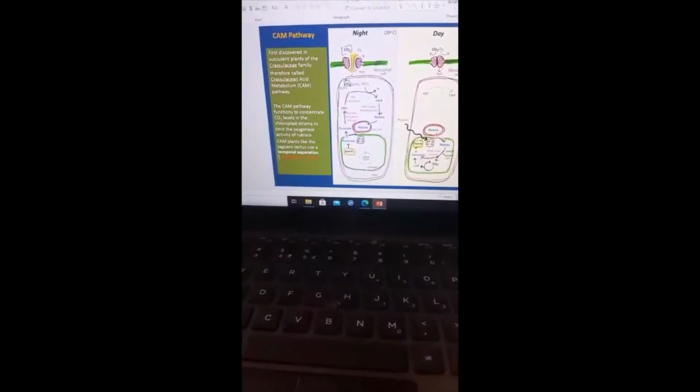So some of this starch, we go back here, some of this starch that is formed during the night will be converted into pyruvate. Some of this starch will be broken down to regenerate the pyruvate.